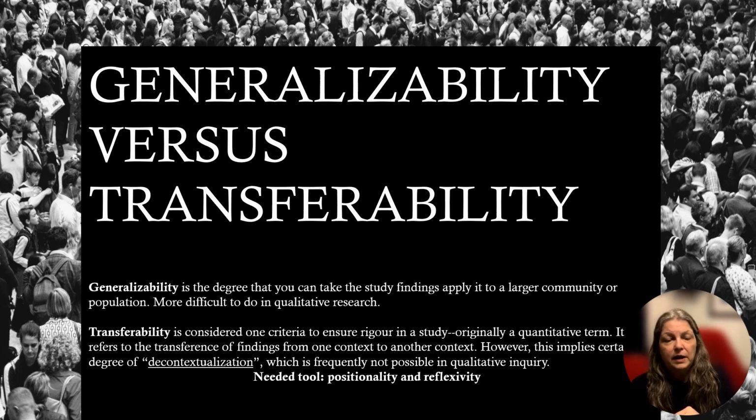Transferability. This is just one criterion, and you can decide whether it's helpful or not. You might decide that you want it to be able to transfer from one context to another. So instead of wanting to do it all across Canada, my study was very much about Ontario. Will my study then be transferable to Alberta or to BC or to the Yukon?